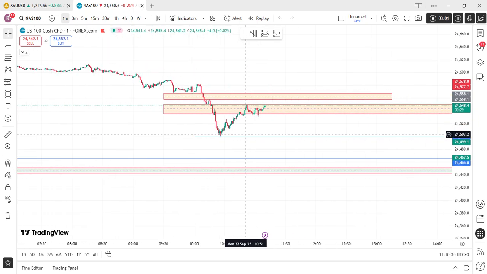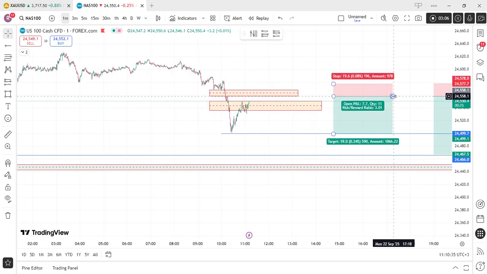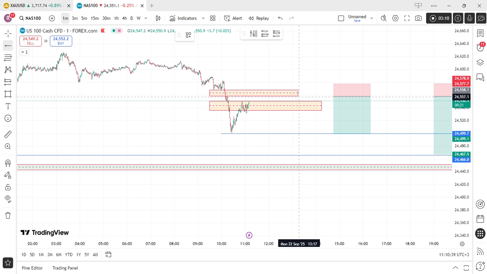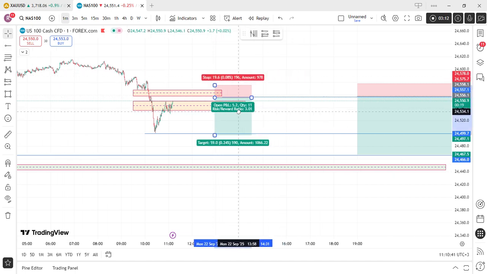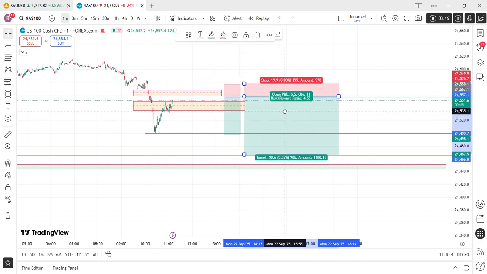Based on price action down there, that's when you're gonna be taking trades. So the trade I'm taking is from that breakaway gap right there.